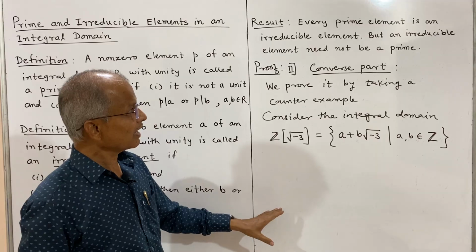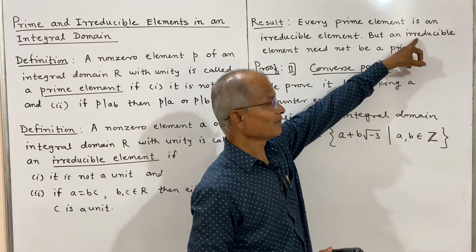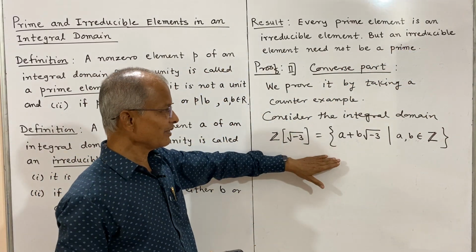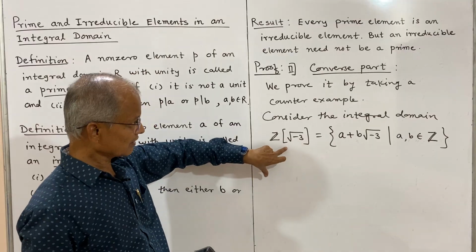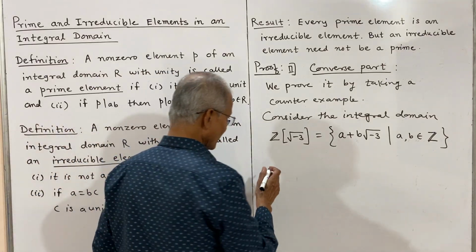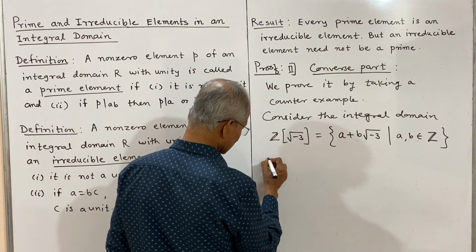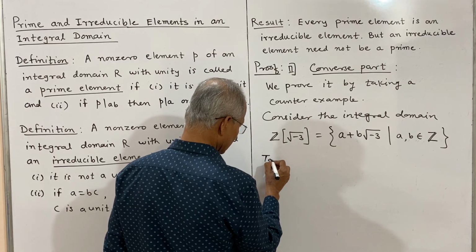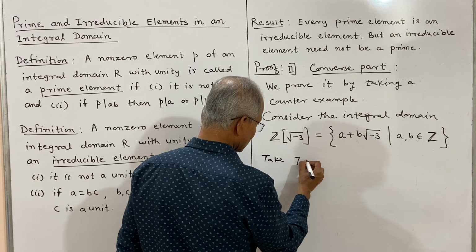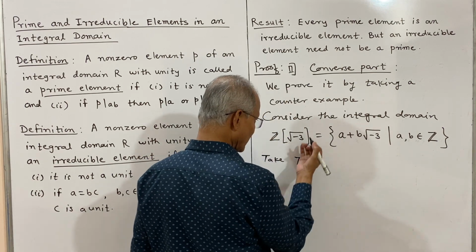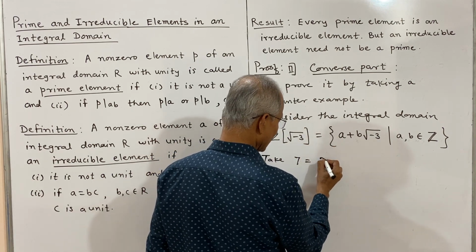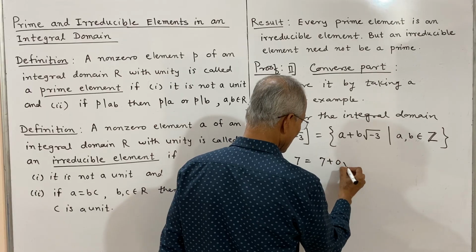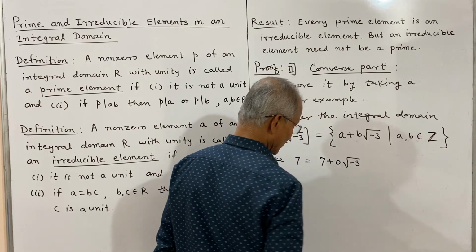Now we will have an irreducible element, and 7 is an element of this integral domain. Take this element 7. 7 is an element of this, because 7 can be written as 7 plus 0 under root minus 3.